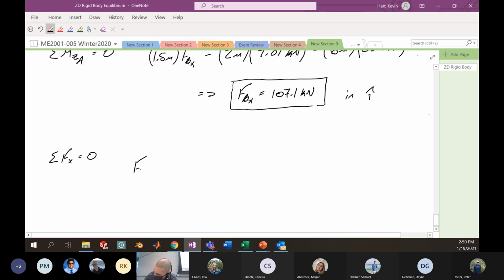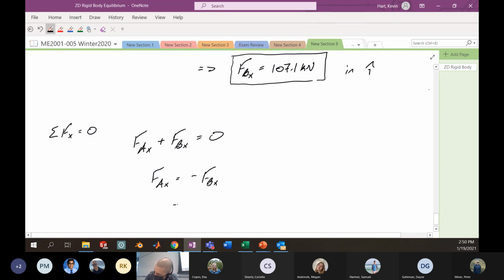So we have force at A in the X plus force B in the X equal to 0. So what you'll see here is that the force at A in the x direction is the negative of the force B in the x direction, or that the force at A in the x is negative 107.1 kilonewtons.